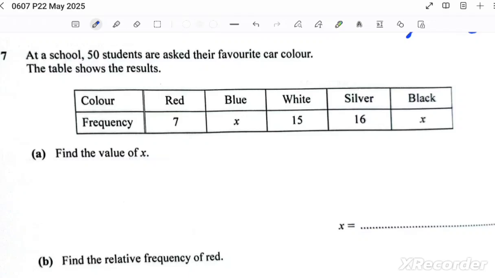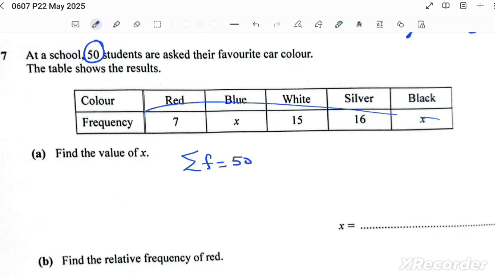Next one. At a school, 50 students are asked their favorite car color. The table shows the results. So we have each color with the frequency. So red, the frequency is 7. Blue is X, white 15, silver 16, black X. Find the value of X. As you know, the total number of students is 50, so the sum of the frequencies should be 50.